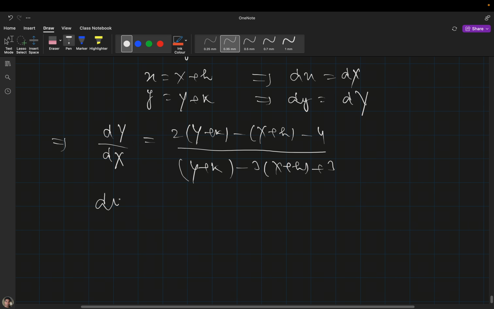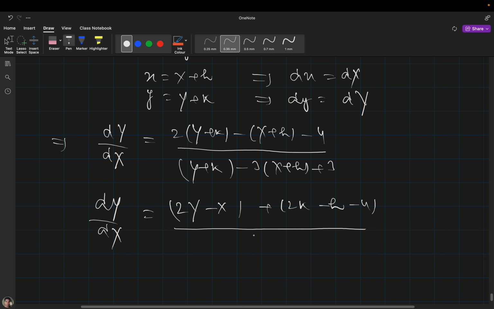Then you will get dy by dx as (2y minus x plus 2k minus h minus 4) divided by (y minus 3x plus k minus 3h plus 9).